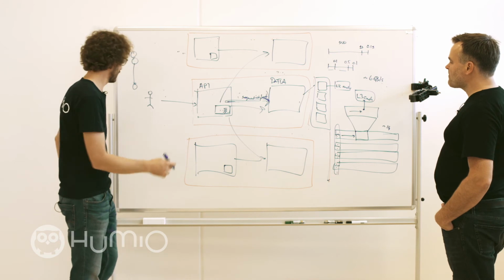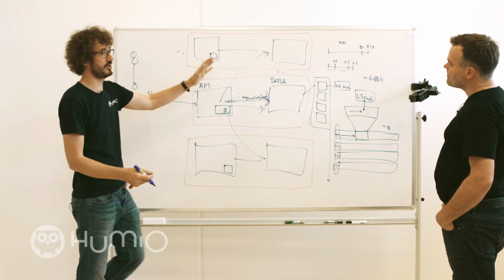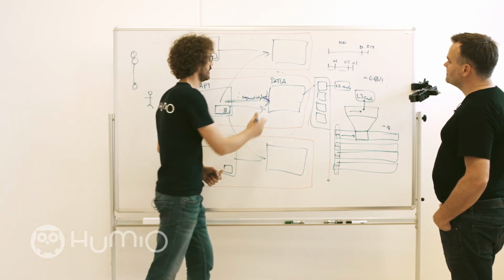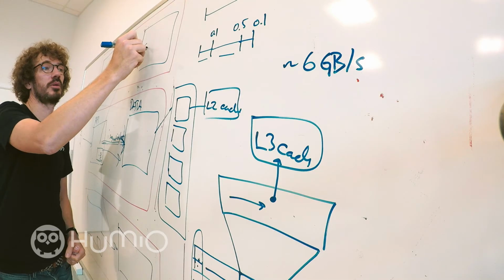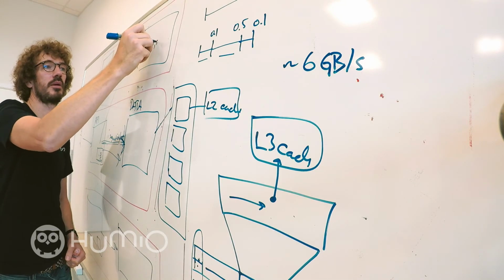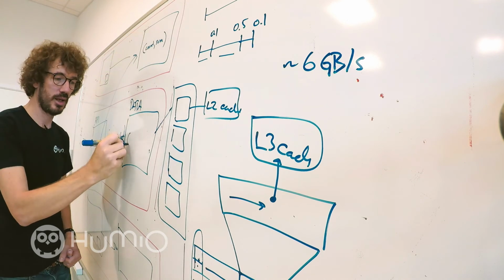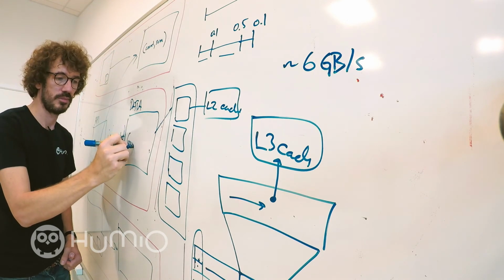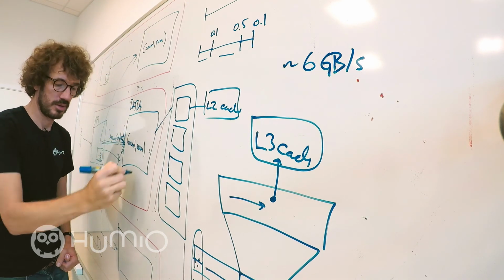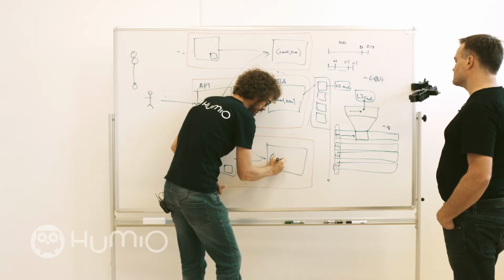For instance, if you compute the average of something, here we would compute the count and the sum, and a count and sum, and a count and sum.